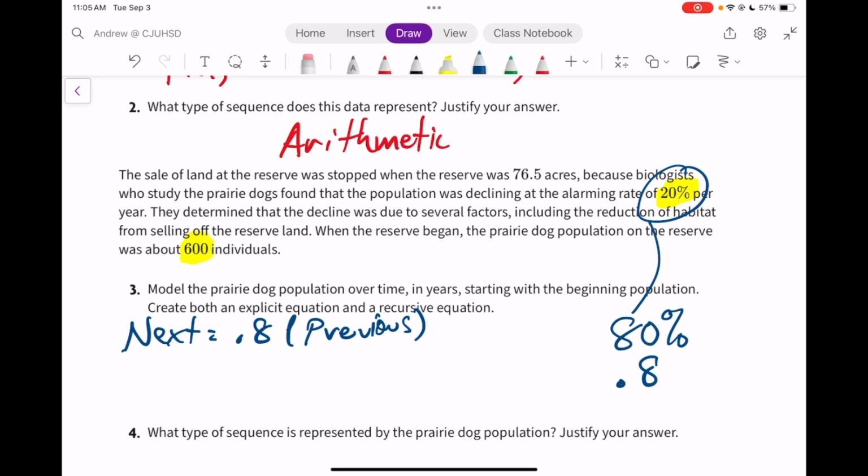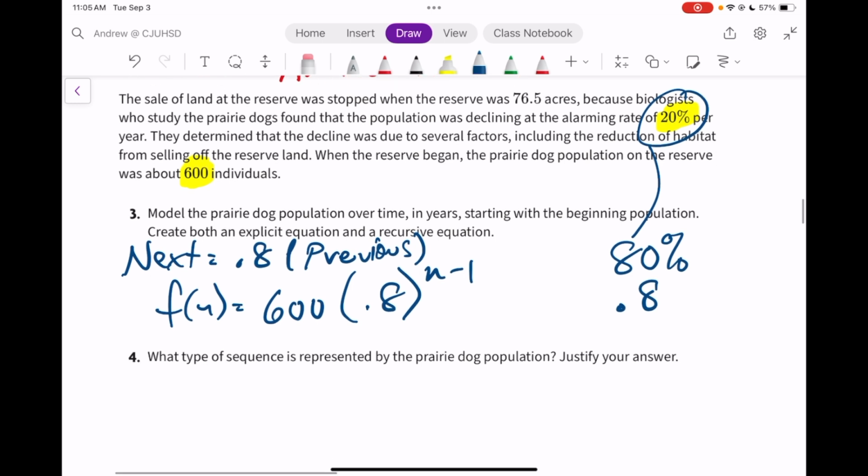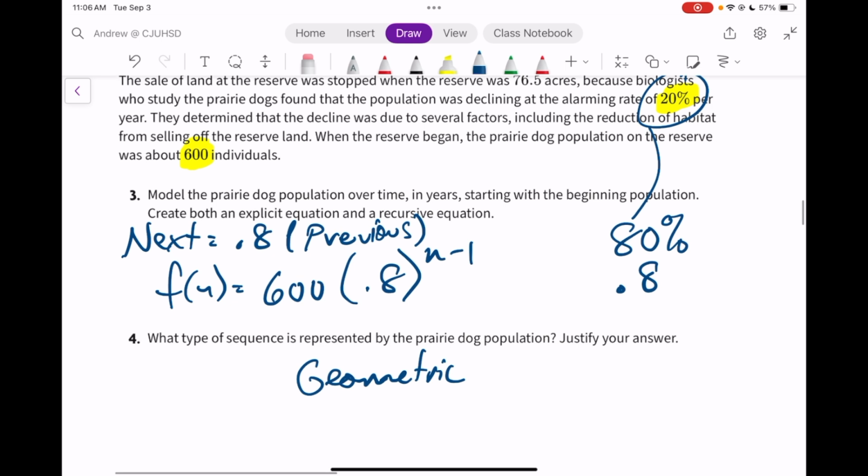And explicitly, f of n equals beginning at 600, 0.8 to the n minus 1. The type of sequence is geometric. We keep multiplying by 0.8 every time.